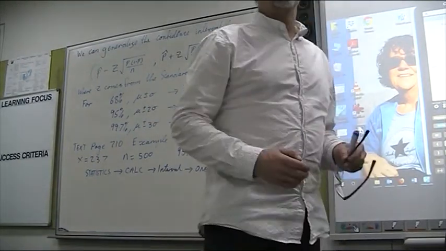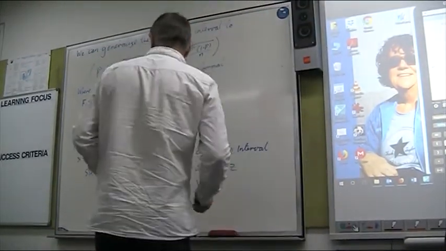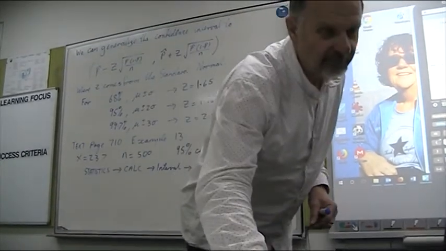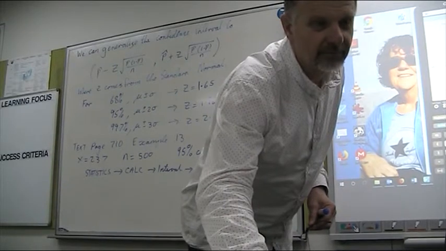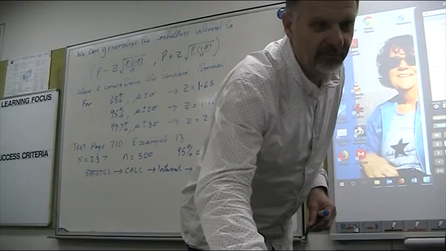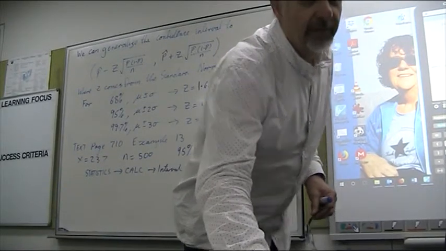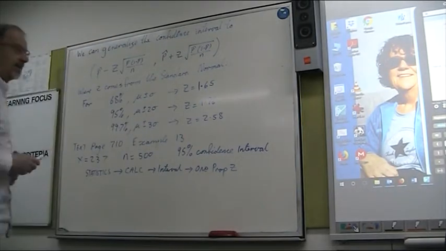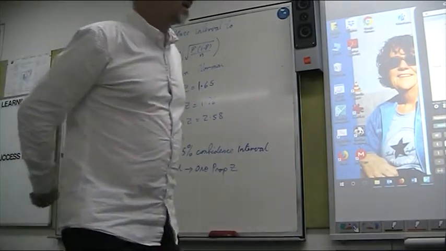X, the data. So what did we get? We got 237. And what sample size? We did 500 people. Then we go next, and we get two numbers, a lower and an upper.